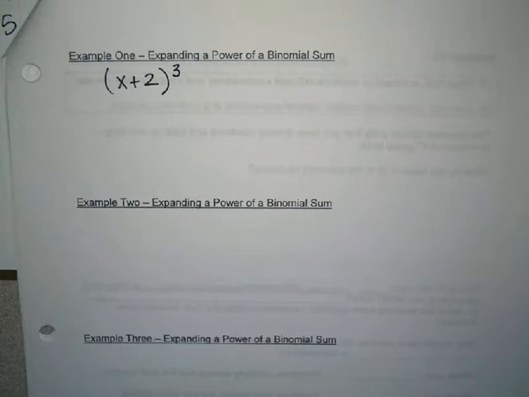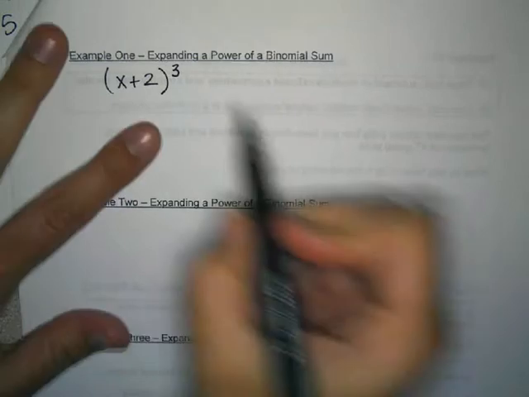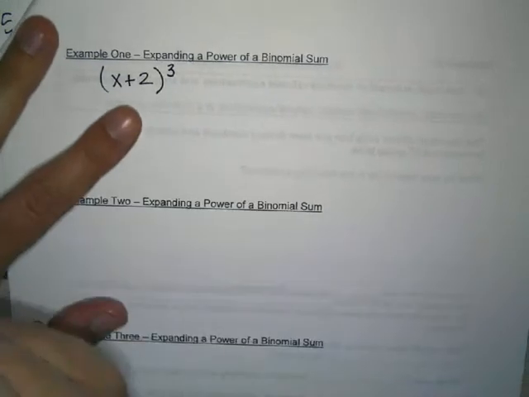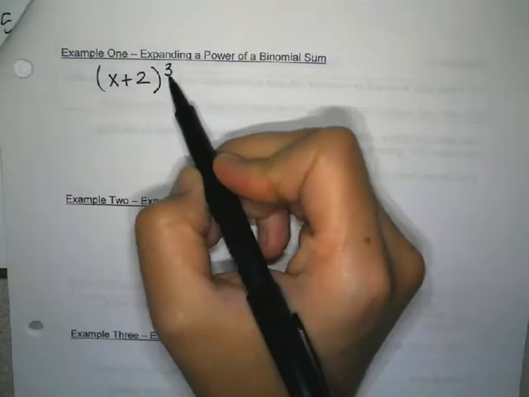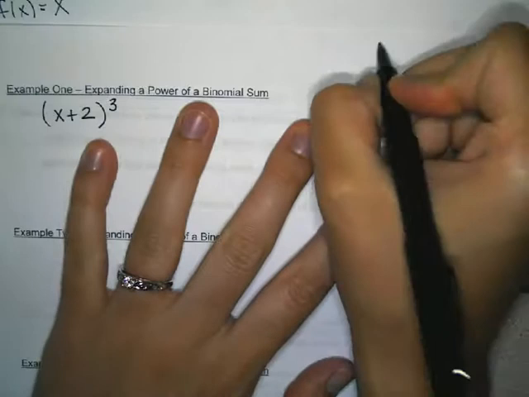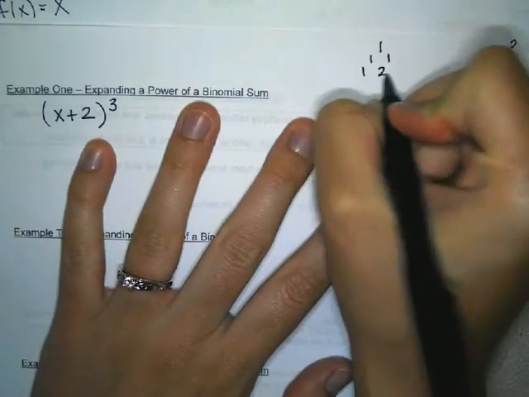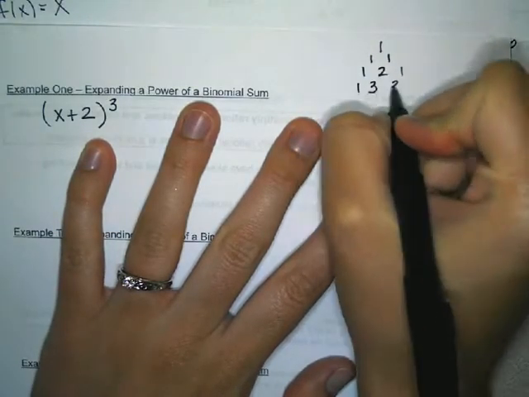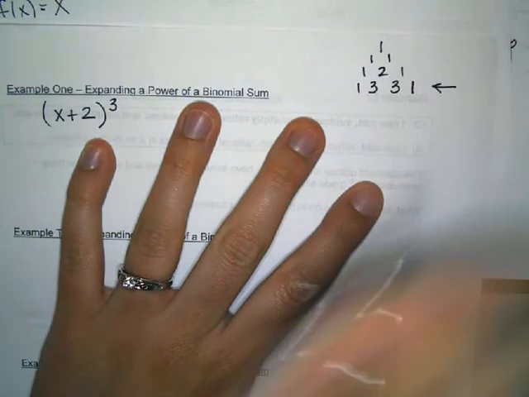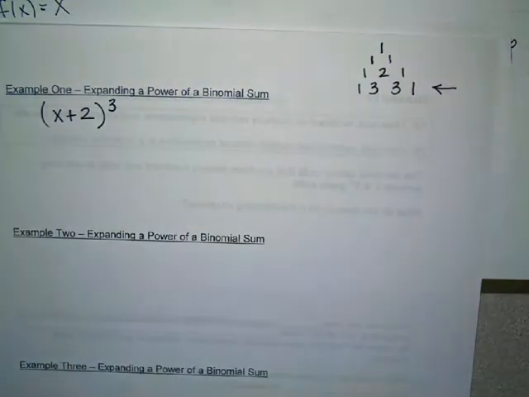I always start with my coefficients. I have a power of 3, which in my triangle means I want row 3 for my coefficients.